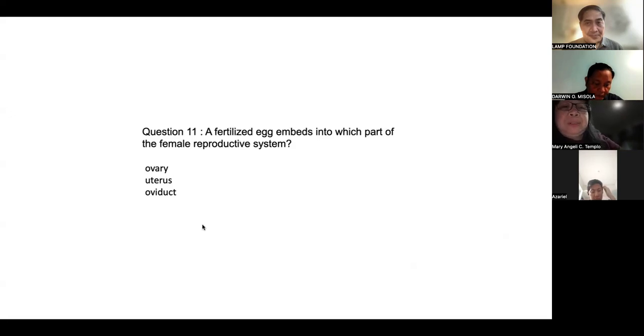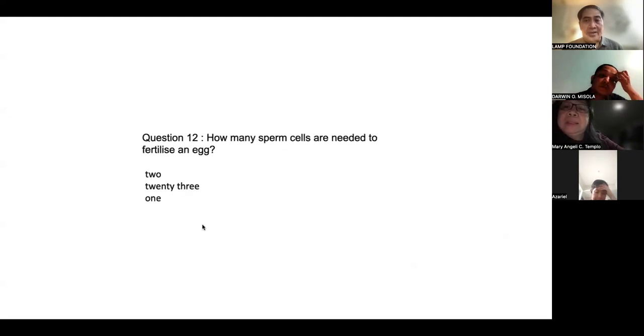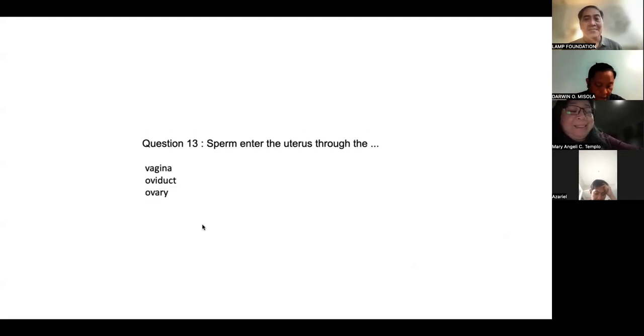At the uterus. How many sperm cells are needed to fertilize an egg? Just 1. But there are so many competing. Yes, millions. Sperm enters the uterus through the vagina.